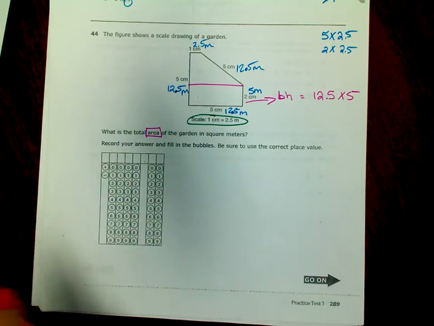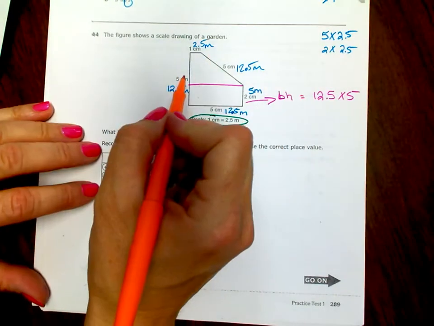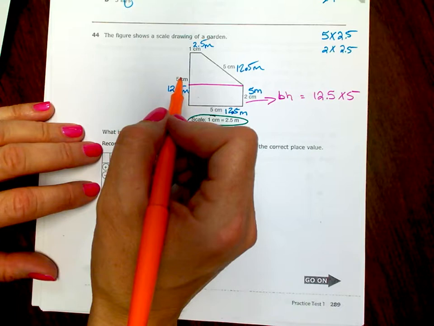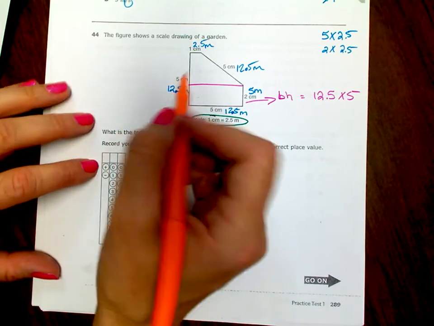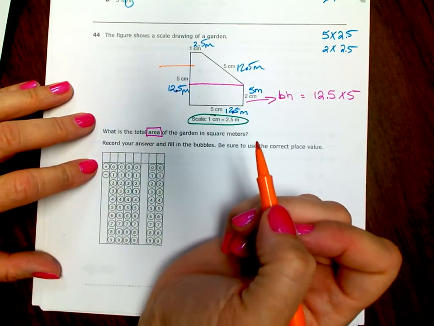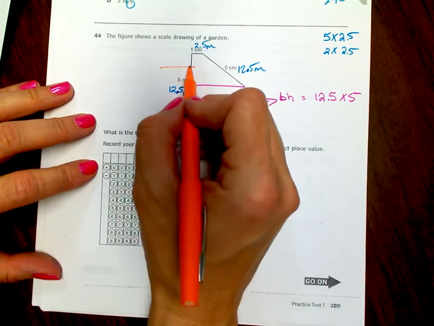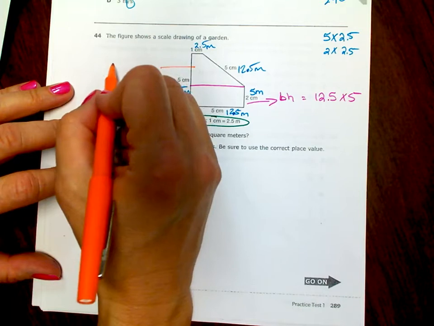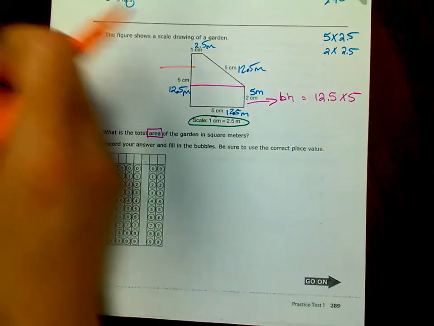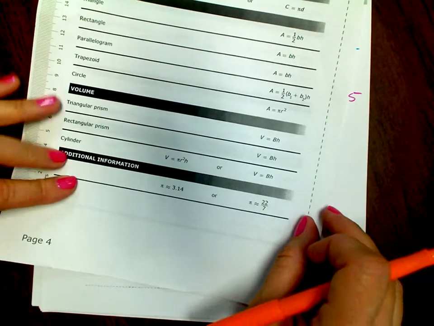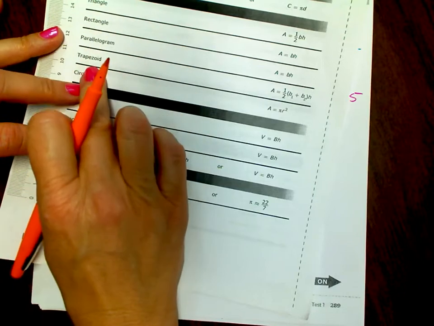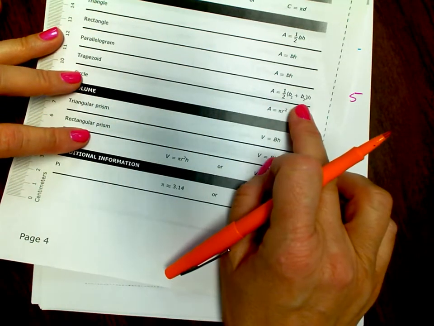But this one is a trapezoid. Okay, you've got the parallel bases here, and this is your height. And remember, if you look on your formula sheet, the area for a trapezoid is right here.